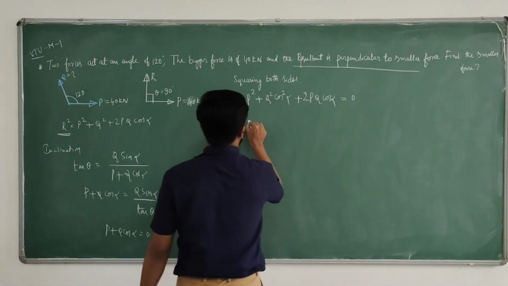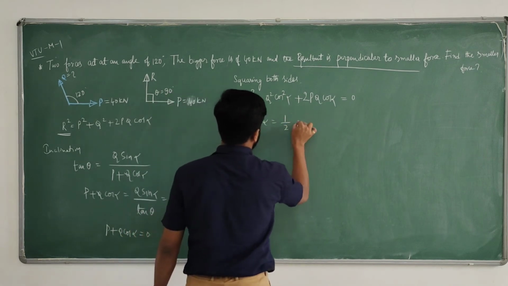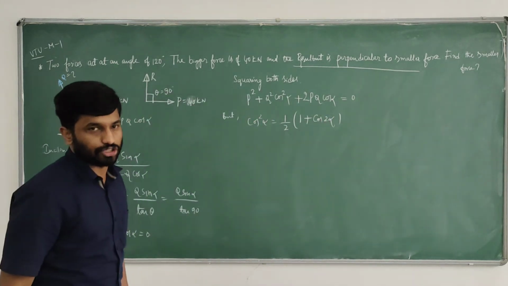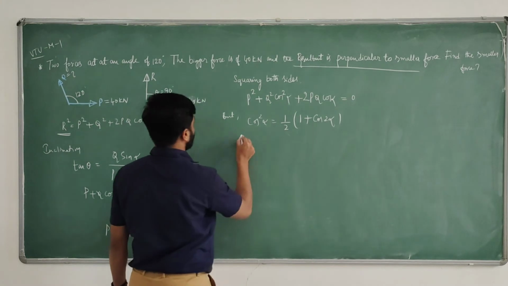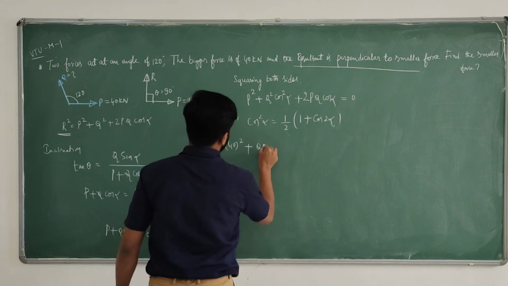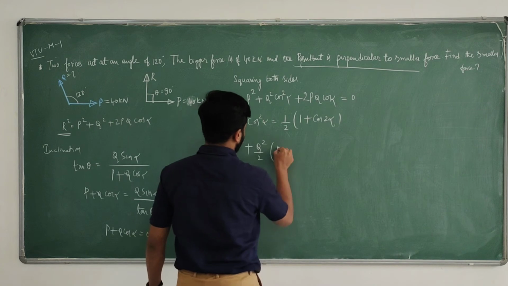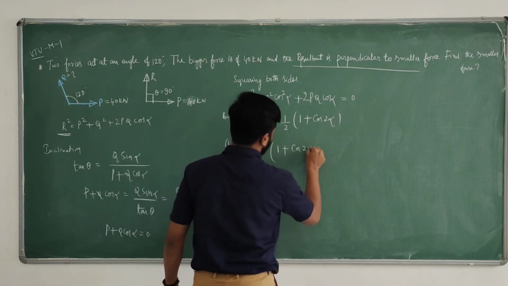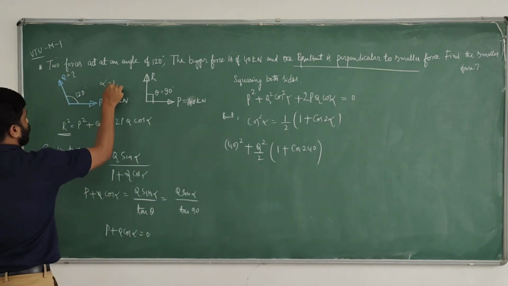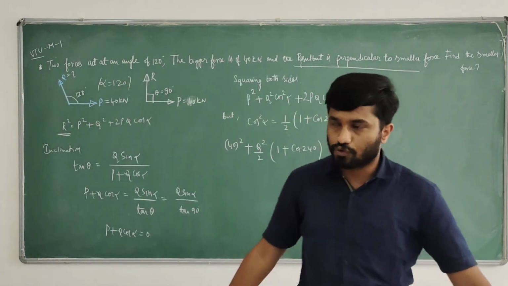But cos square alpha equals 1 by 2 into 1 plus cos 2 alpha, a trigonometric identity. Now substitute here. P square is 40 square, plus Q square into 1 by 2 into 1 plus cos 2 alpha. Alpha is 120 degrees, the angle between the two forces.